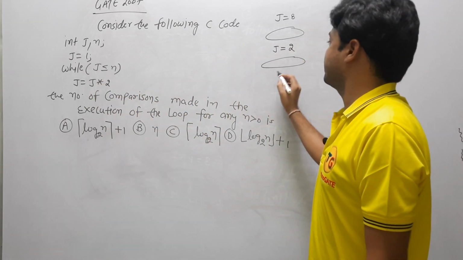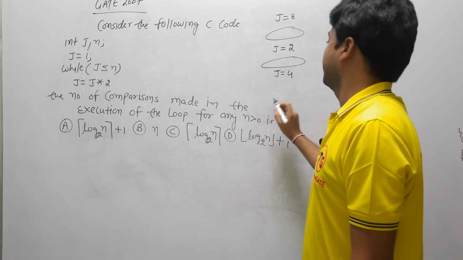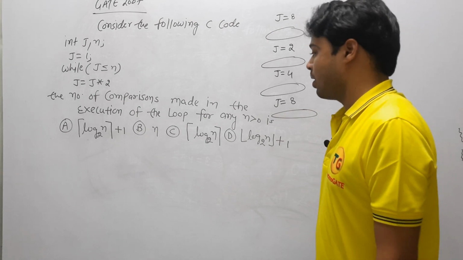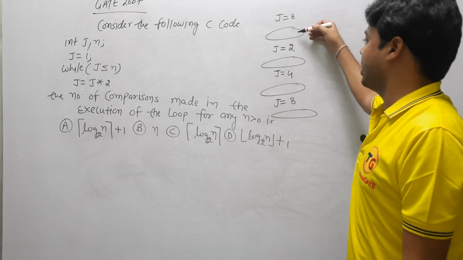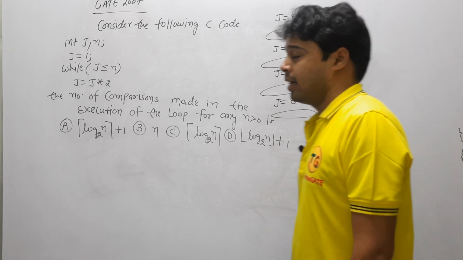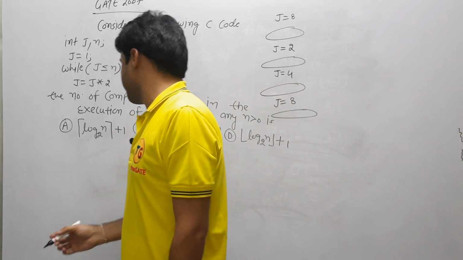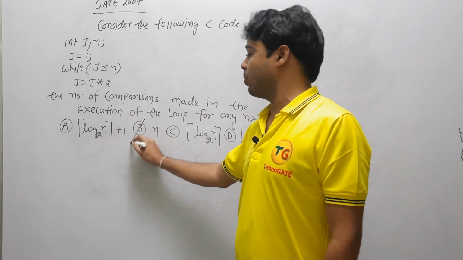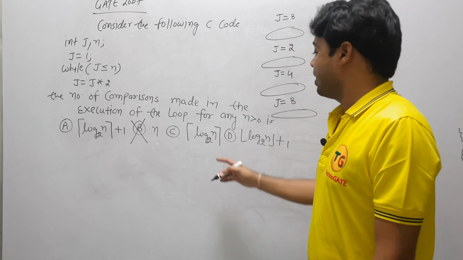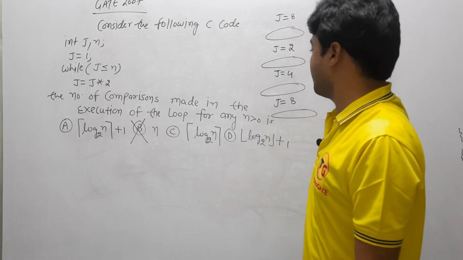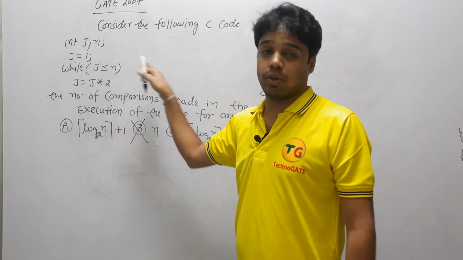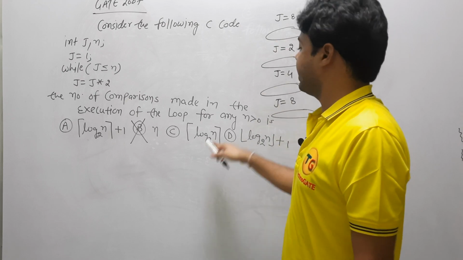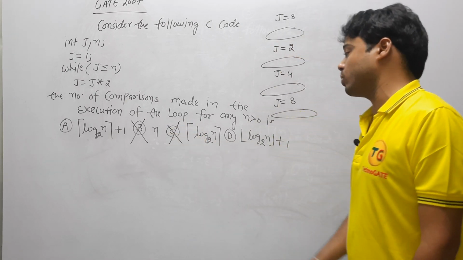Now 2 is less than or equal to 8, j becomes 4, the loop executes, j becomes 8, and the loop executes again. So how many times is the loop executed? 1, 2, 3, 4 times for n equal to 8. So B is rejected, since 8 times is not the count. And log 8 is 3, but the loop executed 4 times, not 3. So B and C are false.